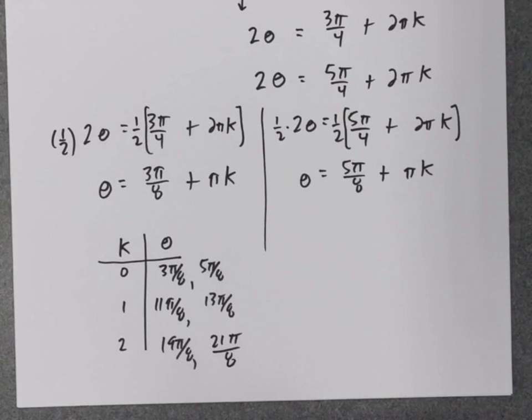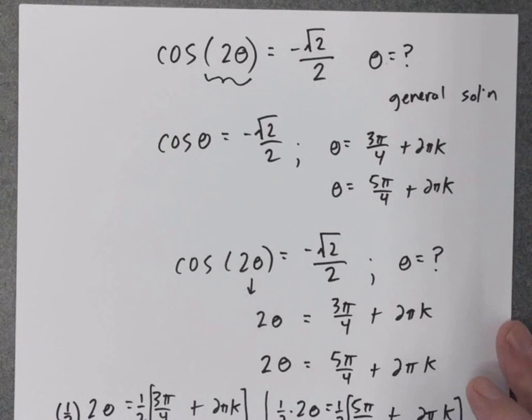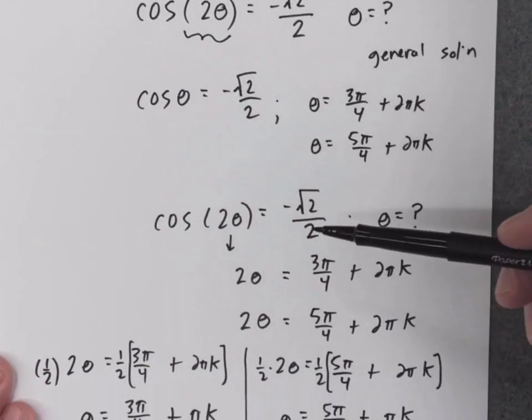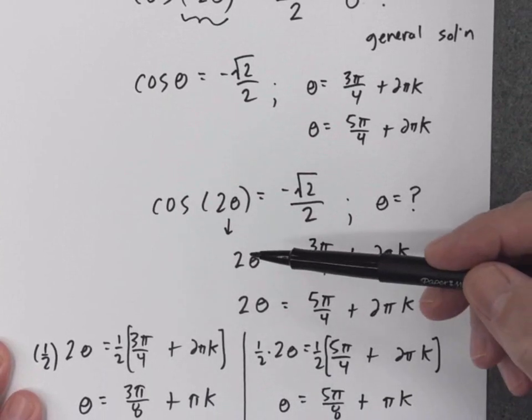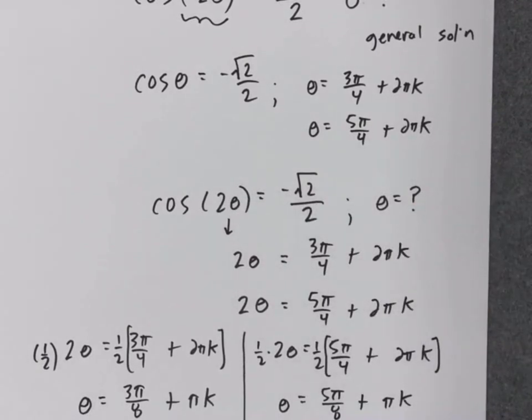So then these would be the 6 solutions, the first 6 solutions to this equation. So the whole key is understanding this step here where you go find your angles, and then after you find your angles, you plug in whatever's inside the trig function.